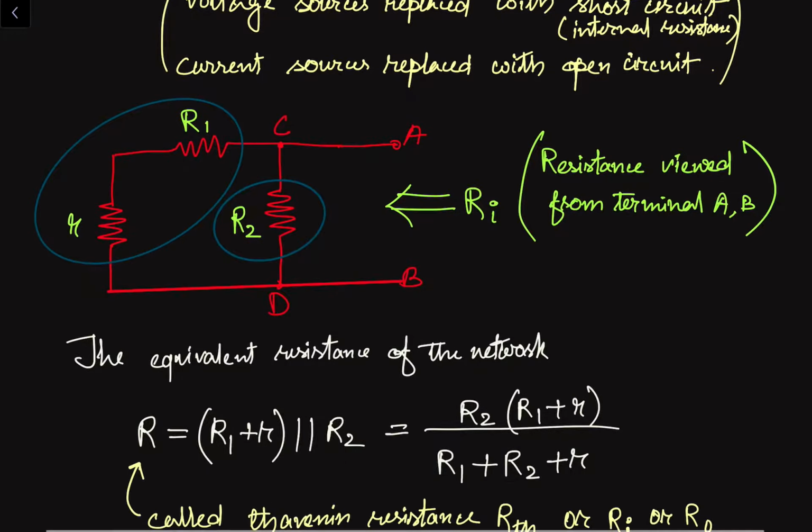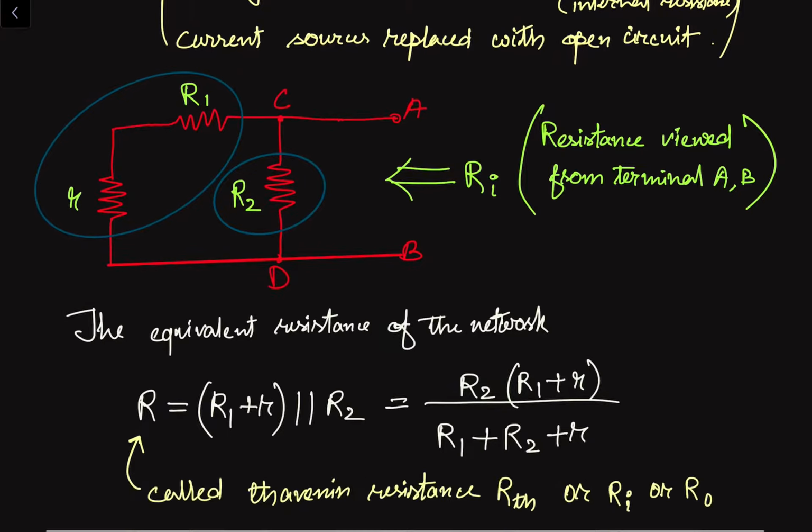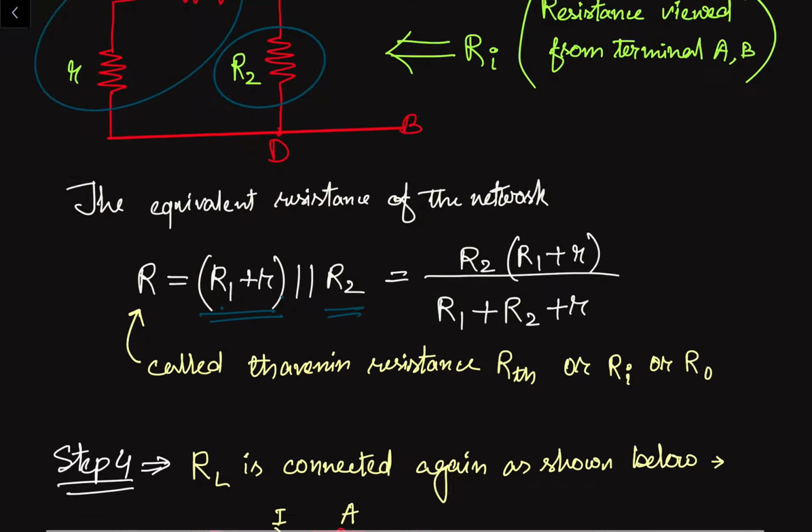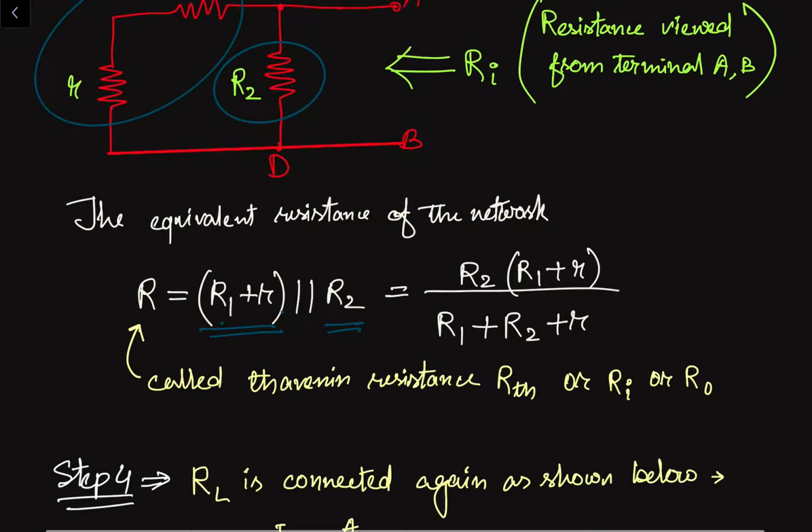R1 plus R will be multiplied with R2 divided by R1 plus R2 plus R. So this will be the equivalent resistance.